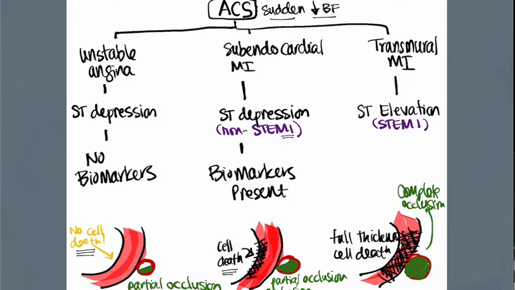And then with a transmural MI or full thickness, obviously there is cell death. So intracellular elements would be spilling in. And this would be probably the most, right, in the blood. It's different from person to person, but this would be evidence of a massive cardiac event. Biomarkers present.